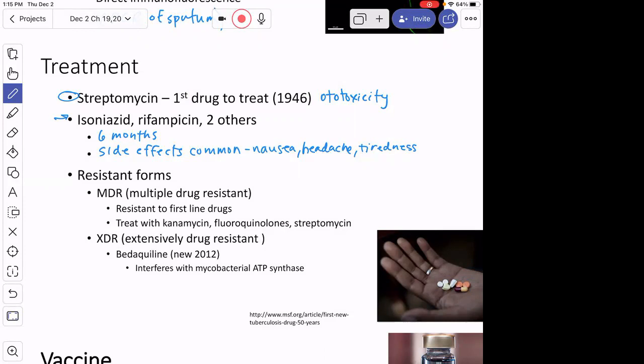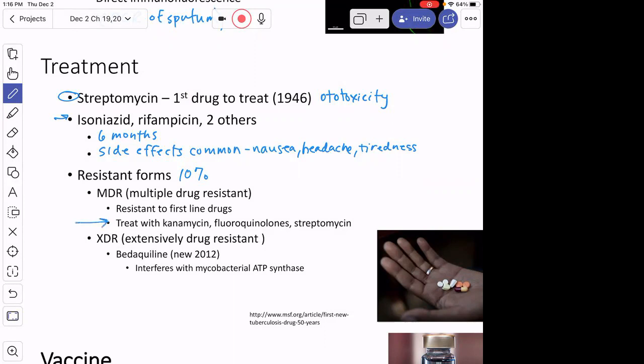So now they will often send somebody to a patient's house and watch them take their drugs, however many times a day that they have to do it. About 10% of TB that's diagnosed has resistance to at least some of those first line drugs. So we call that multiple drug resistant TB.